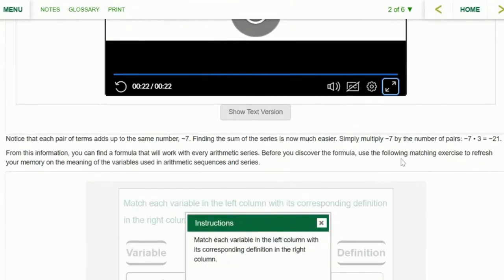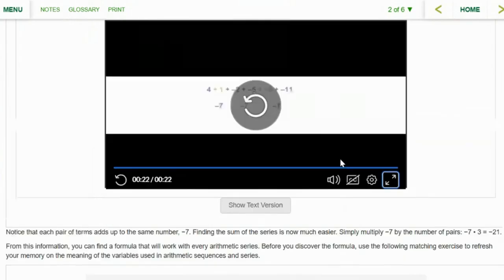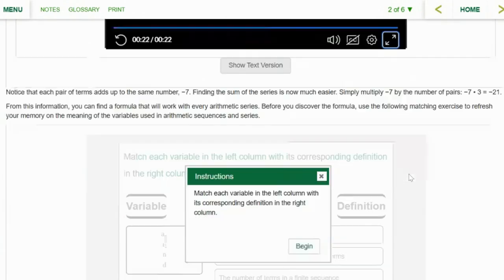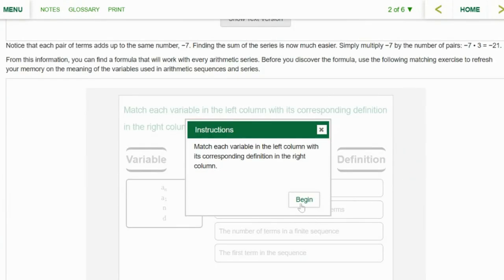So we notice that each of them added up to -7, and there's 3 of them. So -7 plus -7 plus -7. So this must add up to -21. That makes sense. If these all add together to be -7s, and there's 3 of them, the whole group of them must add up to -21. But that kind of gave us an idea of a formula.